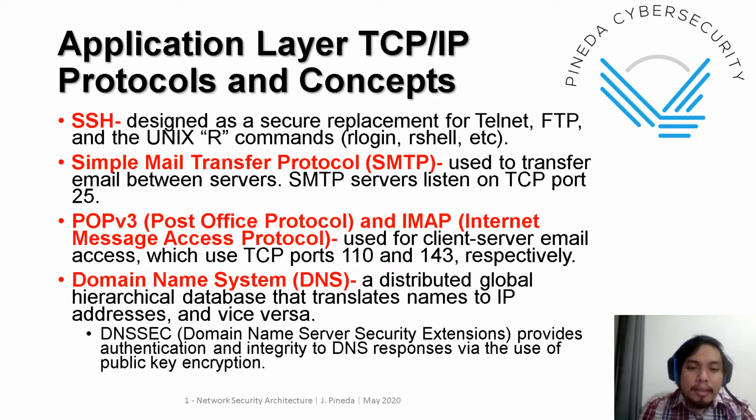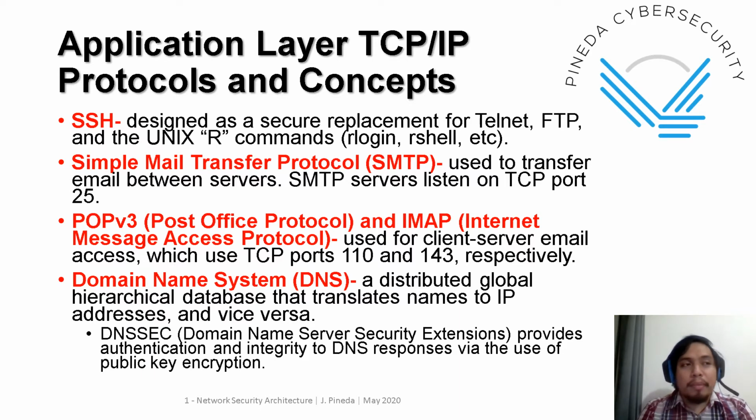For DNS, it uses port 53. It's a distributed global hierarchical database that translates names to IP addresses and vice versa. So instead of typing the IP address of a particular destination, because that's what the routers use, they route the packet to the IP address, there's a translator so that the user will not be typing the IP.